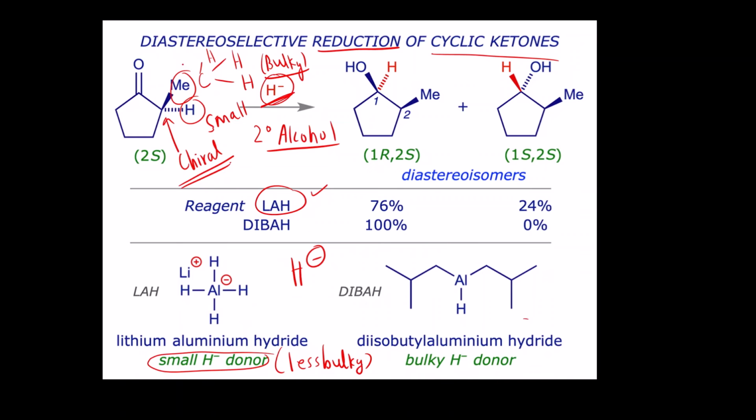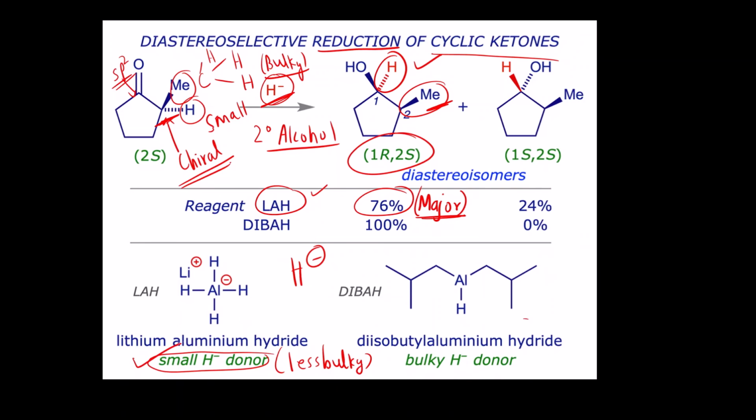Hydride would prefer to attack the carbonyl, this sp2 hybridized carbonyl carbon, from below the plane. Why? Because here already there is a methyl group which is bulkier. If hydrogen attacks from the top, it would create steric hindrance, and that is why this product is the major product. It is formed in 76%.